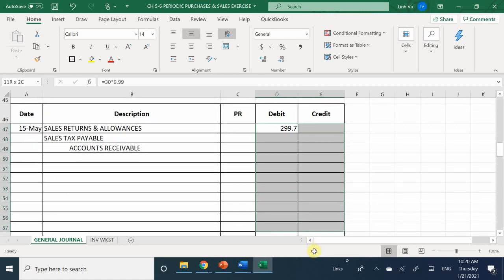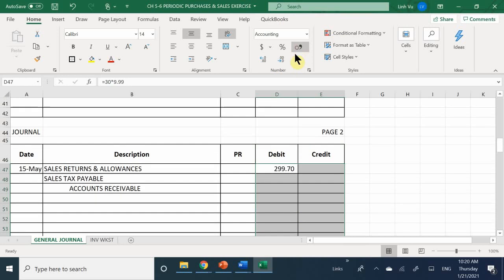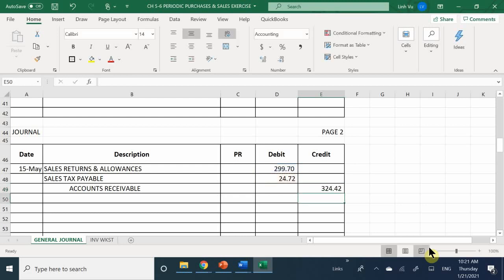And how much tax are we also refunding? $24.72. Okay. And lastly, what is the grand total that we are refunding to his account, or in this case, reducing his account so now he owes us less? $324.42. Good.